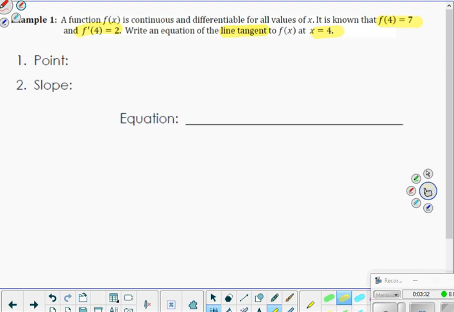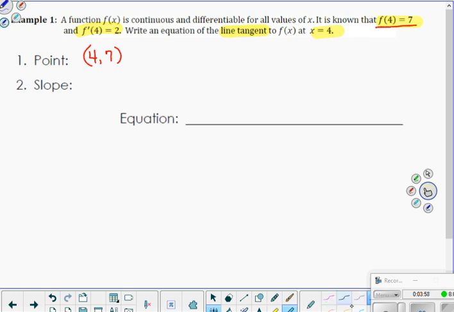Those are the three or four things that I noticed. One, they talked about f of 4 equals 7 and f prime of 4 equals 2. A tangent line is our task, at the point x equals 4. Well, did they give you a point? Yes, they did. They gave us the point 4, 7, right over here.